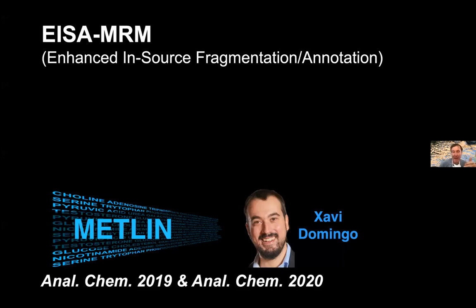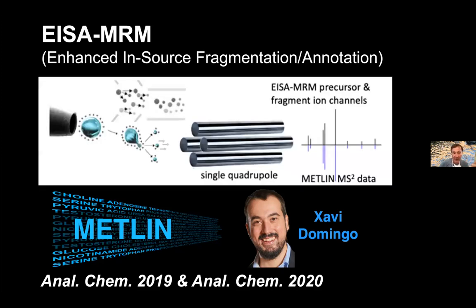But Xavi's observation was that the tandem mass spectrometry data that we had in Metlin matched very well with the in-source fragmentation data. And the reason that's significant is that you can now use instrumentation that doesn't have tandem mass spectrometry capabilities to generate data that is basically the same as when you're using a tandem mass spectrometer.